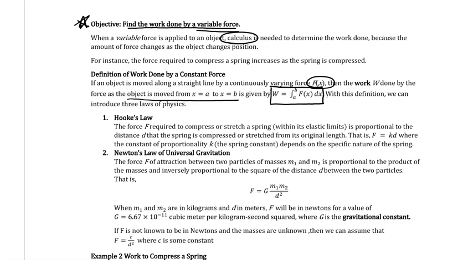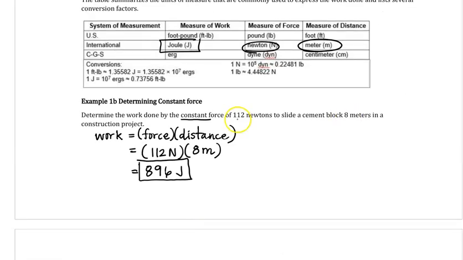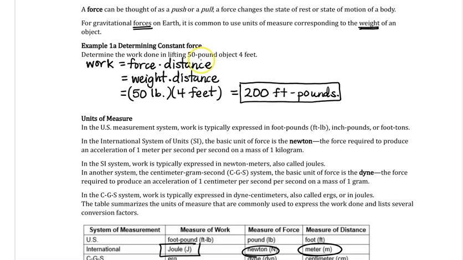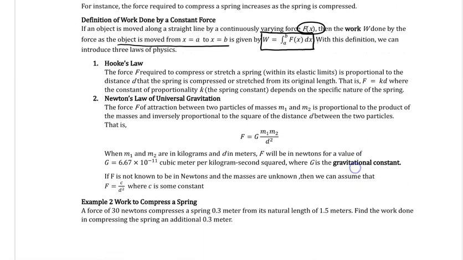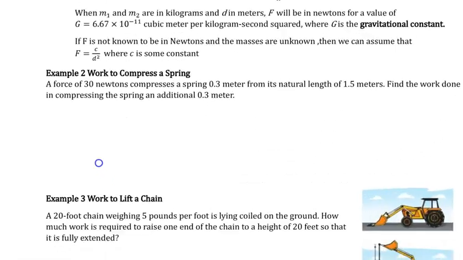It's not like back in examples 1, where we had a constant force of 112 newtons being applied, or we knew that we were only lifting a 50-pound object. Now we're talking about something where that weight is going to be changing. The amount of work that we're going to need to do will be calculated with an integral.